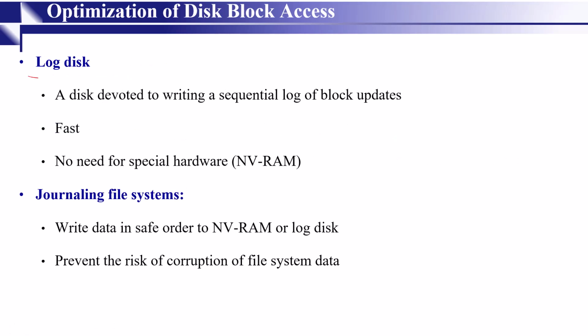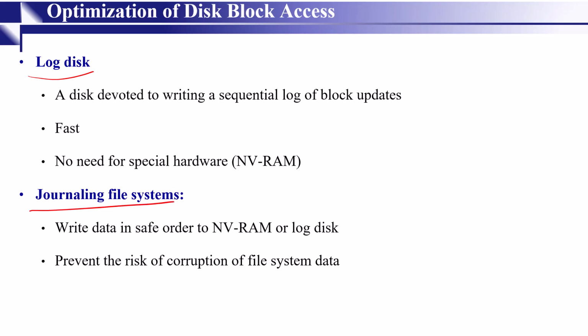The last one is log disk. A log disk is a disk dedicated to maintaining a sequential log of block updates. This log disk is designed to be fast and does not require special hardware like non-volatile RAM to function efficiently. The use of a log disk is particularly important in journaling file systems.